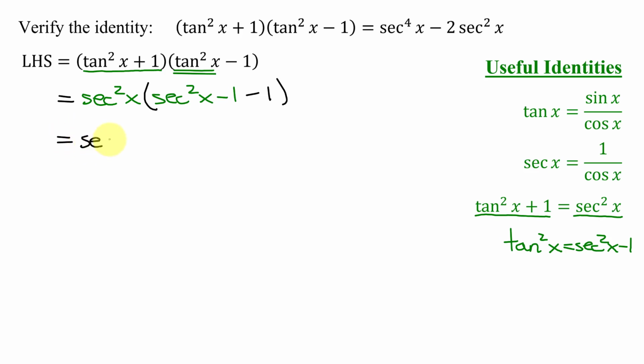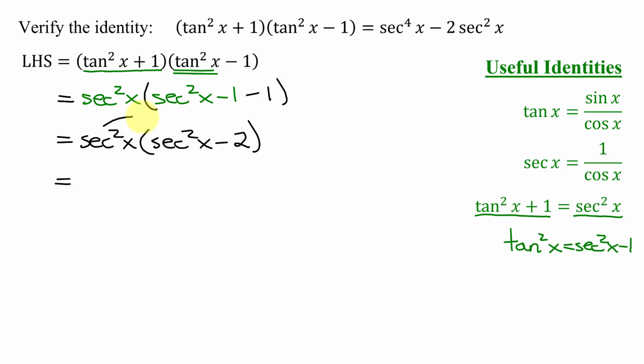Now all I have to do is simplify. I have secant squared x times secant squared x minus 1 minus 1, and negative 1 added to negative 1 is minus 2. Now looking at what I have and what I'm trying to prove, am I nearly done? Yes, the only thing left is I need to distribute the secant squared x into this parentheses.